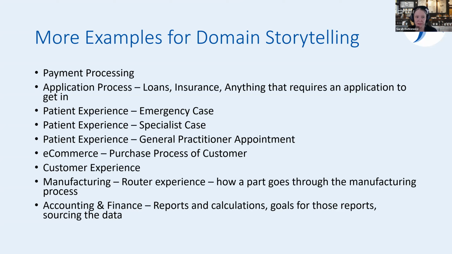Another place for domain storytelling would be an application process: loans, insurance, anything really that has an application process. Because you have to think, as an actor, as a user, I want to apply for a loan. It's never as simple as just filling out a form and magically getting a yes or no. There's that black box, and sometimes we can go into that black box as developers if that's where our jobs take us.